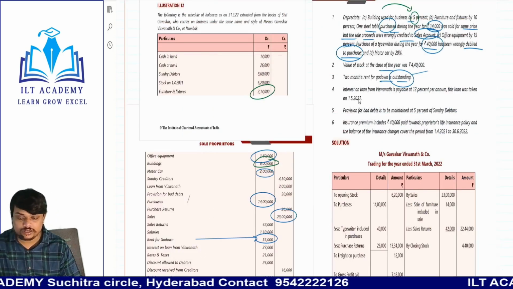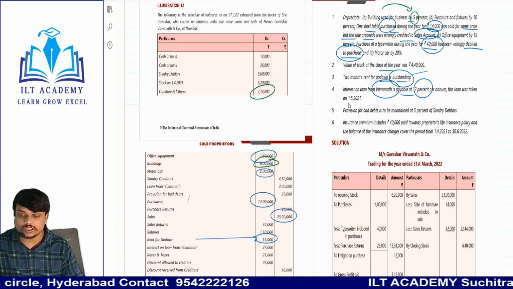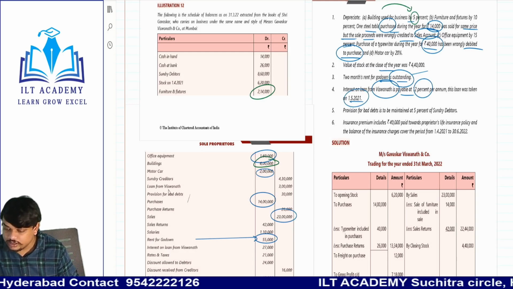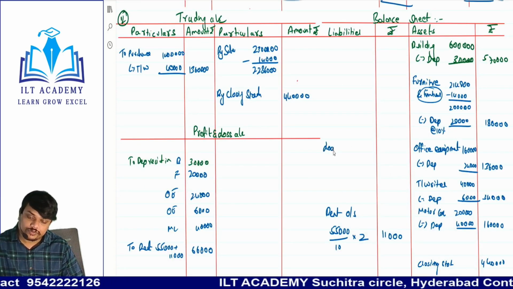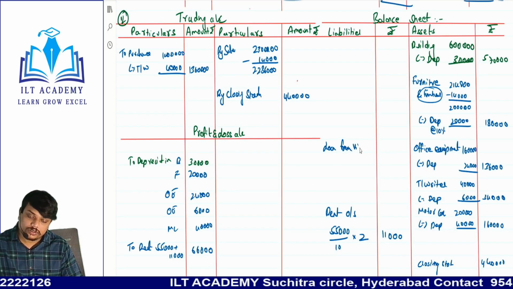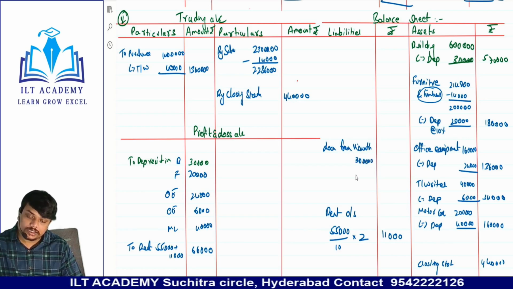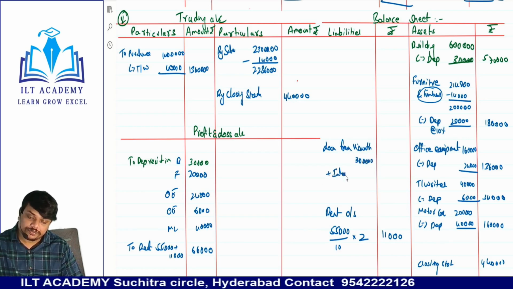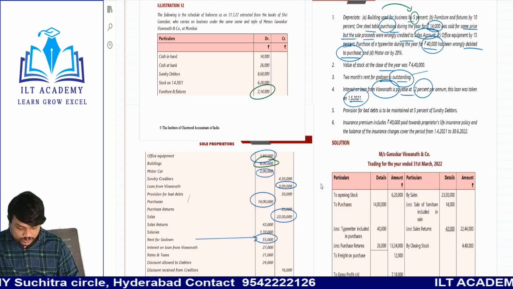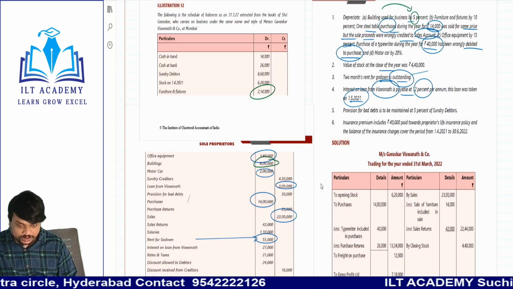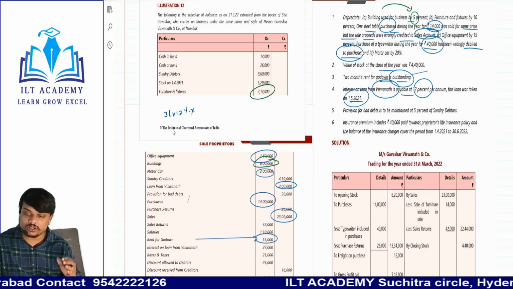Next, interest on loan from Vishwanath is payable at the rate of 12% per annum. This loan was taken on 1/5/2021. Loan from Vishwanath is how much? 3 lakhs. Add interest at 12%, taken on 1/5/2021. So 3 lakh into 12%, and it was taken in May 2021.